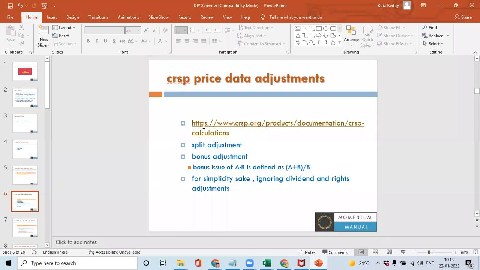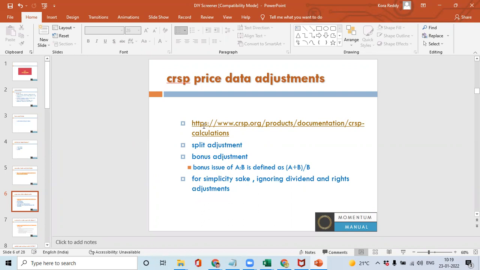And because companies have corporate actions, the usual ones are: the price becomes too high, so they want to provide liquidity and split the stock, right? Or they give bonus if they make too many profits, and they also keep giving dividends, and sometimes some stocks give you a rights entitlement.